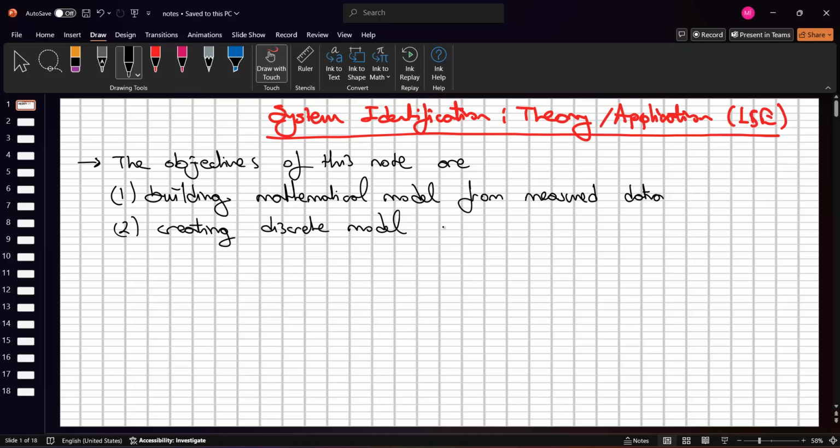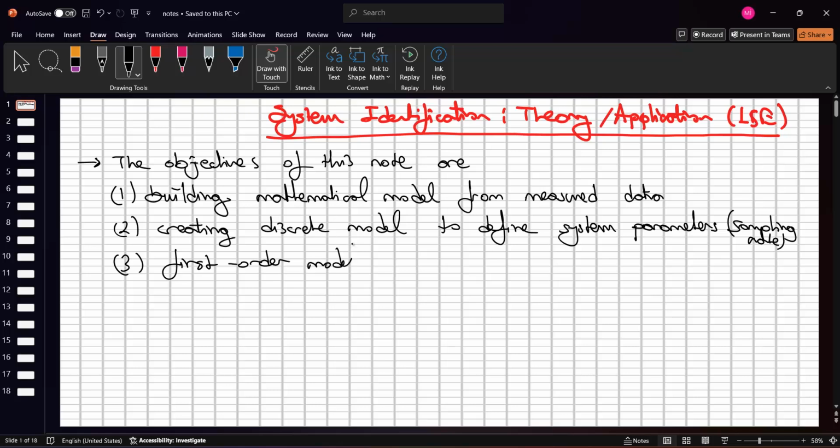Okay, and so to define system parameters based on the sampling rate. Okay, after that we approach the model in terms of the first order modeling. Okay, in the DC motor we will use it.